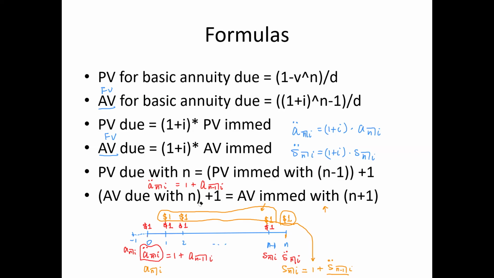There's another way of thinking, which is this one. The future value S double-dot sub n angle I plus 1 equals S sub n plus 1 angle I. So S, not A. Why is that?